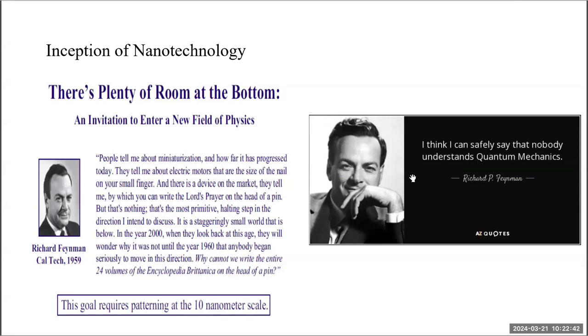For example, he said an entire encyclopedia can be written on a pinhead. How? A pinhead is actually thousands of micrometers, so millions of nanometers. If one letter is just 1 nanometer, you can put millions of billions of letters inside it. So this is just an idea.